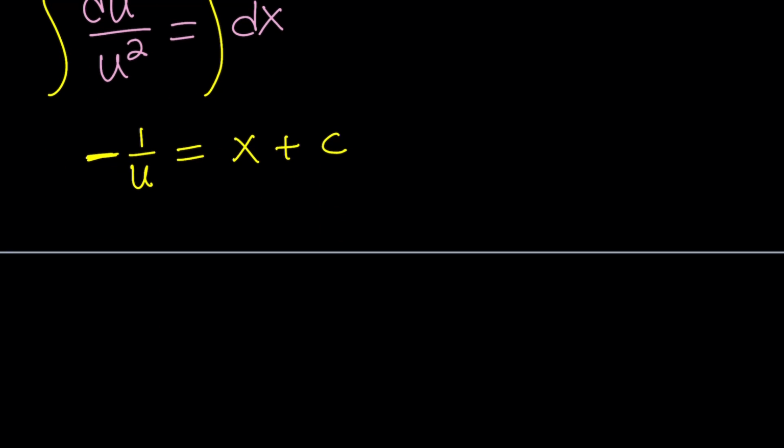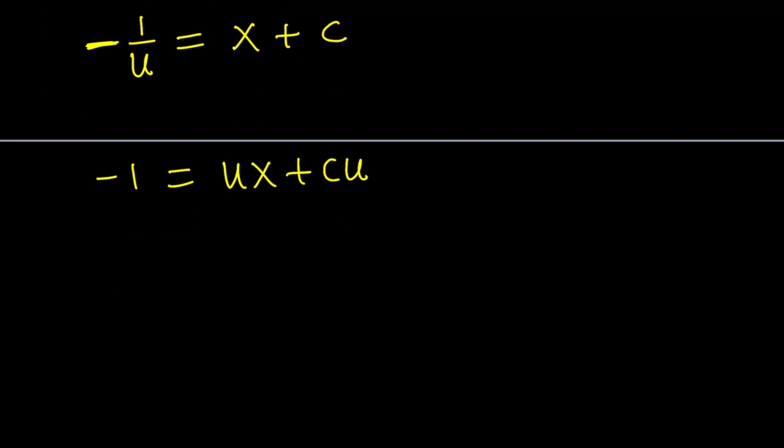Awesome. Now how do we simplify this? Before we back substitute, let's go ahead and simplify as much as possible. I could probably just multiply both sides by u. That'll give me negative 1 equals ux plus cu. Or I could still leave the u as separate, maybe. I don't know. And from here, we can either put everything on the same side or use back substitution.